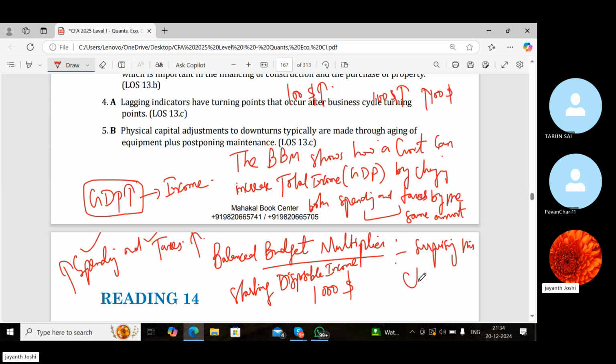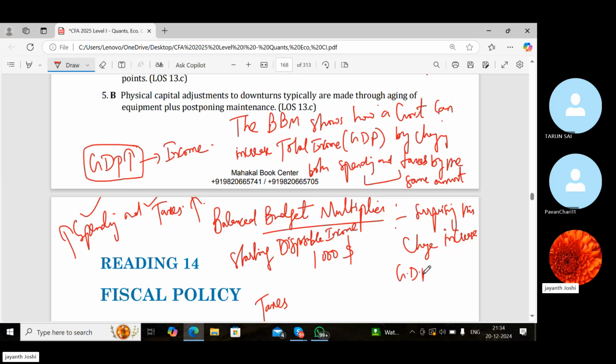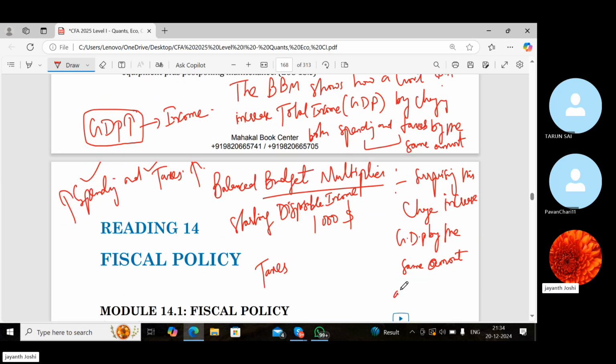Surprisingly, this change increases GDP by the same amount. By the same amount of what?